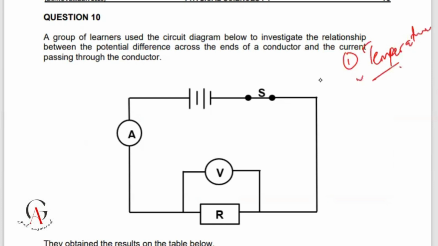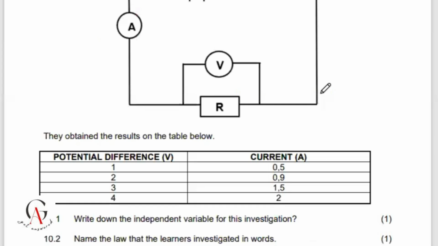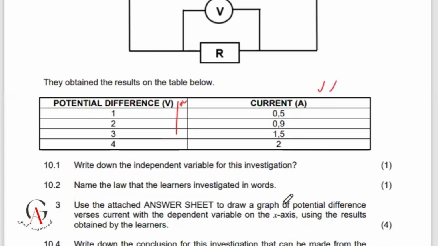Temperature is one of the variables that are independent. Alternatively, one could also look at the potential difference, since this is going to represent our X variable. So the PD can be our independent variable, and then the current, since it depends on this, becomes the dependent variable.